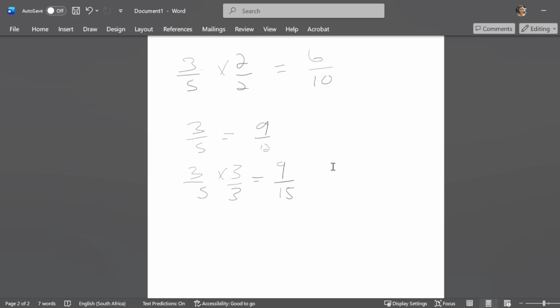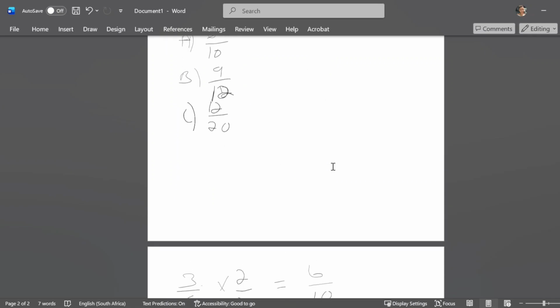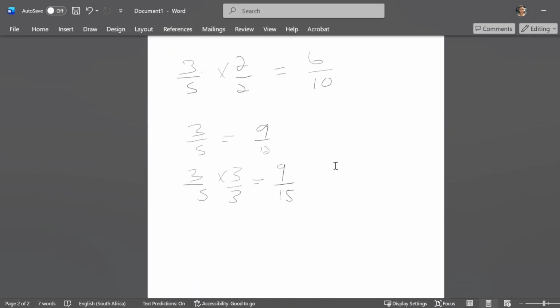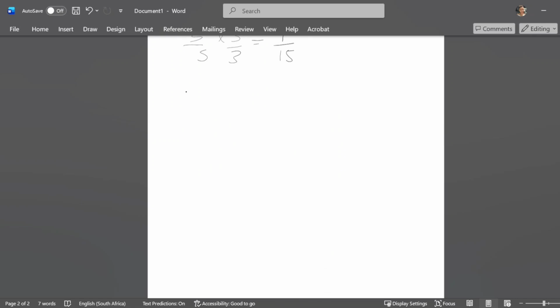And now let's check option C, which is 12 over 20. Is 3 over 5 equal to 12 over 20? So we say 3 times 4 over 4. 3 times 4 is 12, and then 5 times 4 is 20.